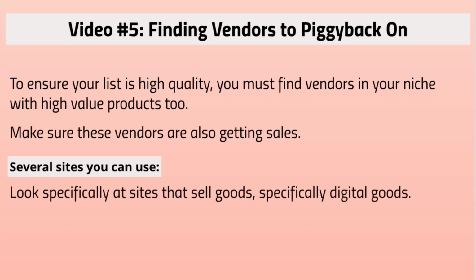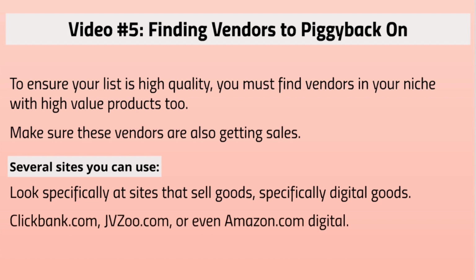Keeping that in mind, you want to look specifically at sites that sell digital goods, if you are selling a digital book, a digital video course, or something digital or intangible. You could technically look at sites like Amazon.com, but most of those are selling through Amazon and are physical goods. That doesn't mean you can't convert your product into some sort of physical good.